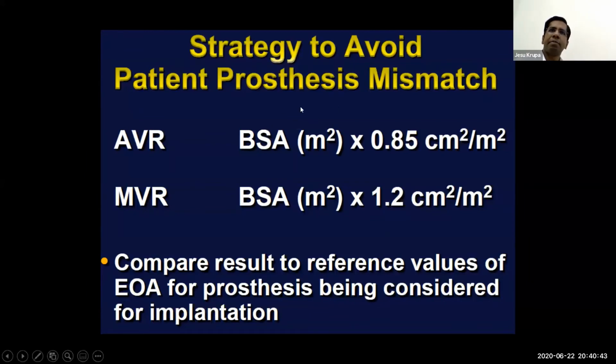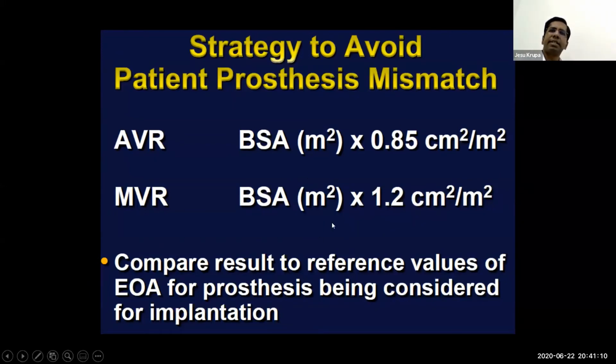Once we have the body surface area, we have these values. For the aortic valve, 0.85. For the mitral valve, it should be at least 1.2 centimeter square per meter square, which means it is 1.2 times the body surface area. And that should be the minimum valve area of the prosthetic valve that the patient will get. So that is something to bear in mind.